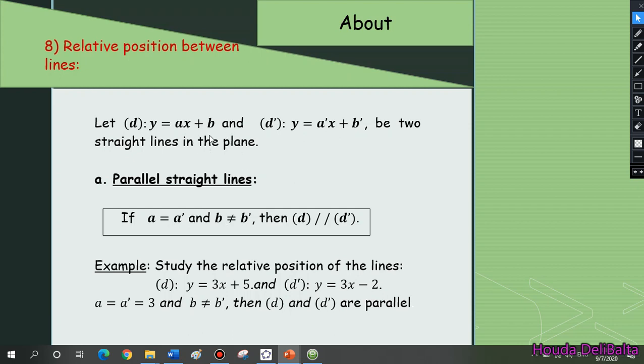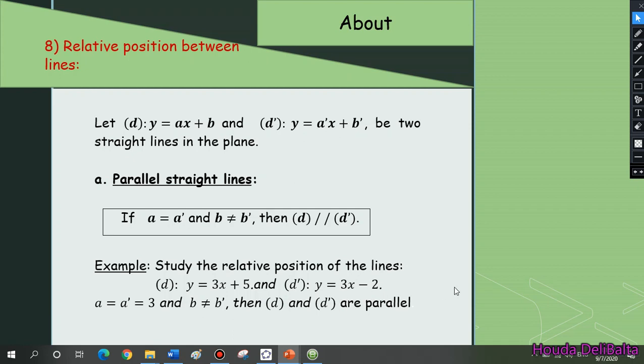This real number here should not be equal to this real number here. And here is an example to study the relative position of the lines D, which is of equation y equals 3x plus 5, and D prime, which is of equation y equals 3x minus 2.